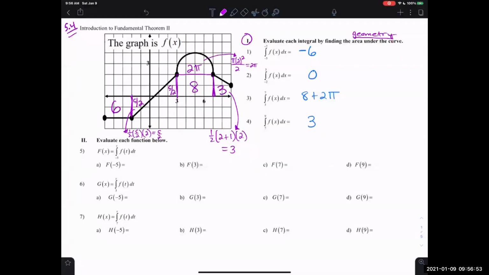Okay, welcome back. I have my answers written down, and I have the areas labeled on each of the separate parts of the graph, just to go over a couple of things on the picture. I have an area of a triangle right there and an area of a triangle right there. You may have noticed that they are the same size.